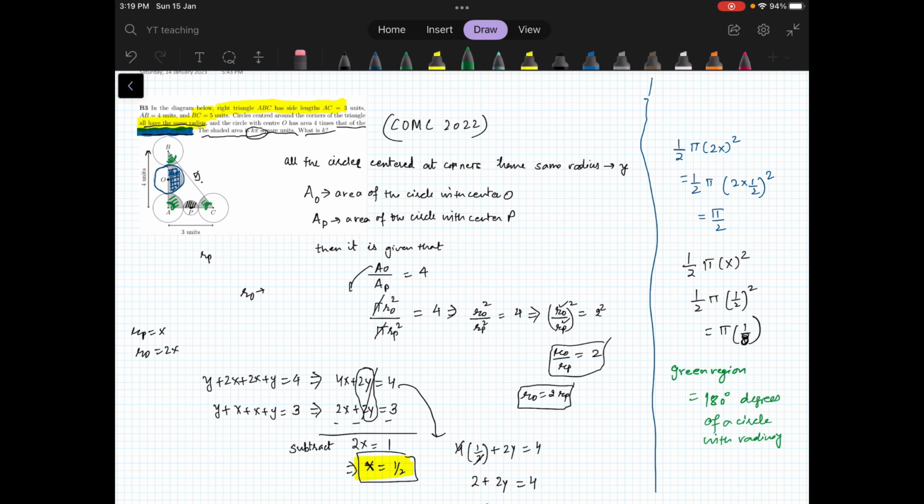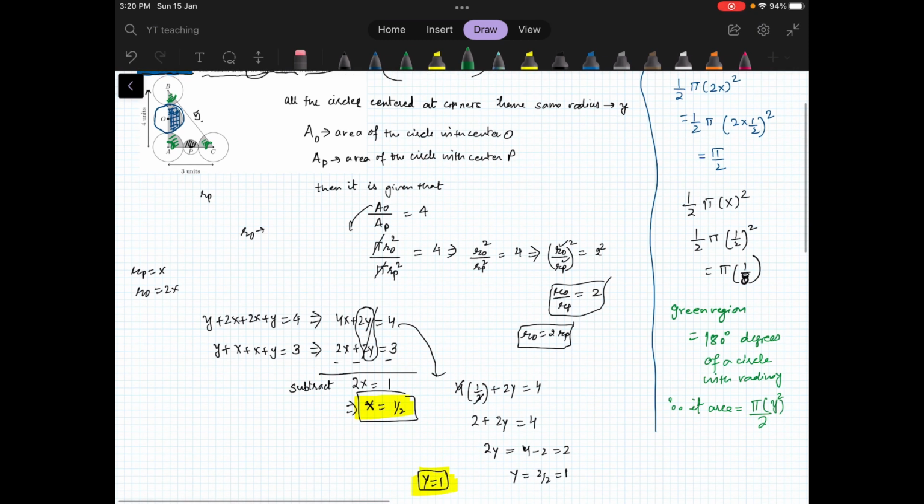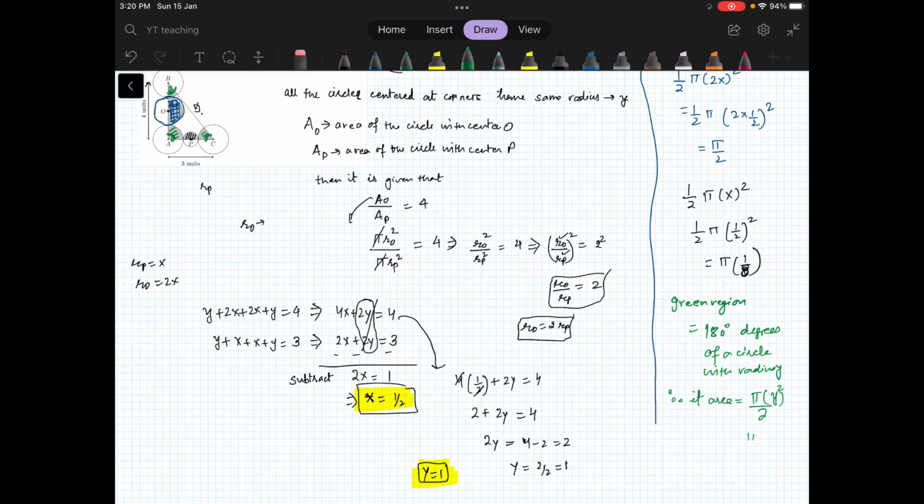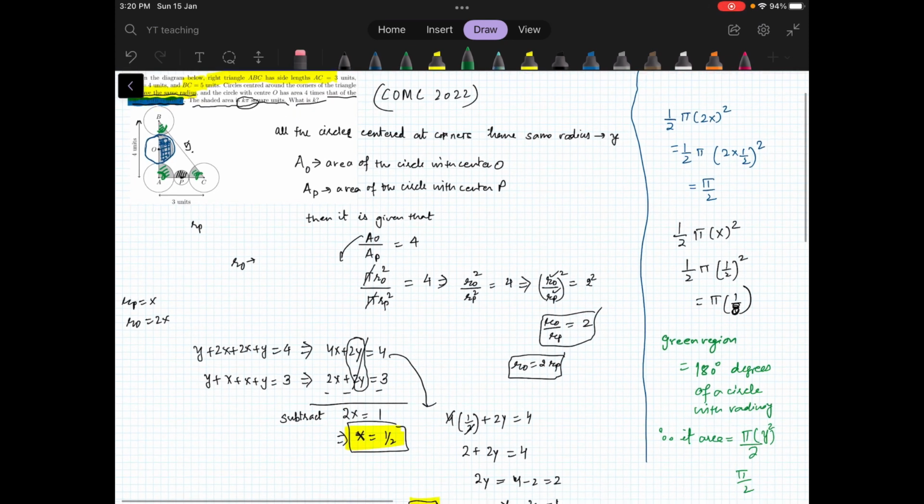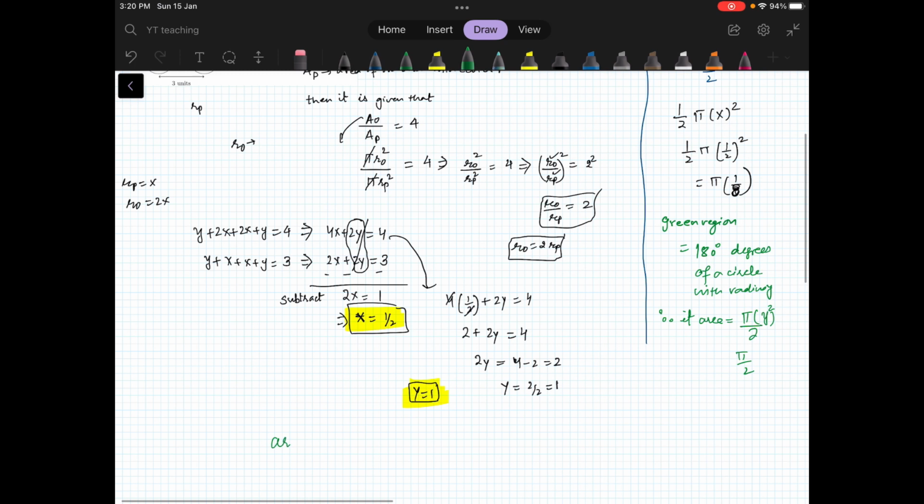Right? So its area is half, because the whole circle is 360 degrees. So that's half of pi y square. And y's value we got to be 1. So that is pi by 2. Does that make sense?